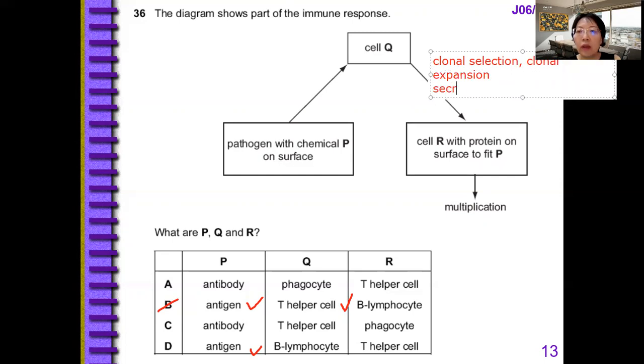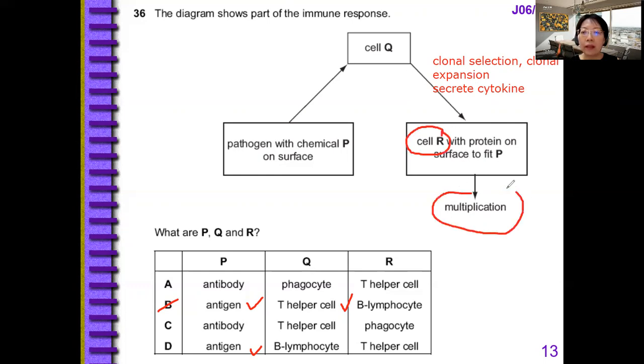After that, it will secrete cytokine, right? And you've got cell R with protein on the surface that can fit to P. So the cytokine will cause the cell R to multiply, right? The selected cell R can already bind to the P. So this is clonal selection of cell R being activated by cytokine to undergo clonal expansion.